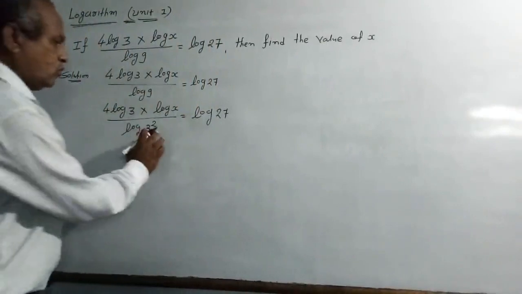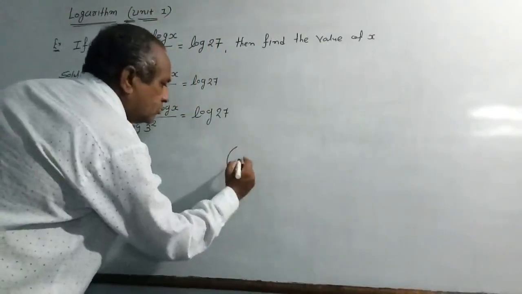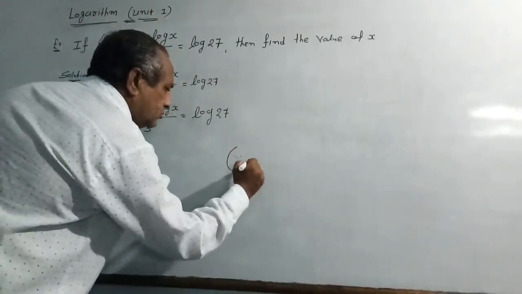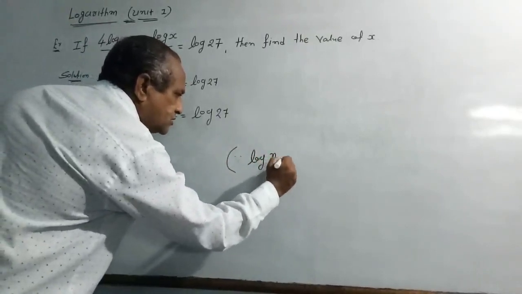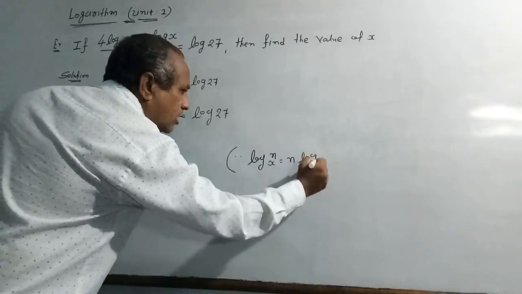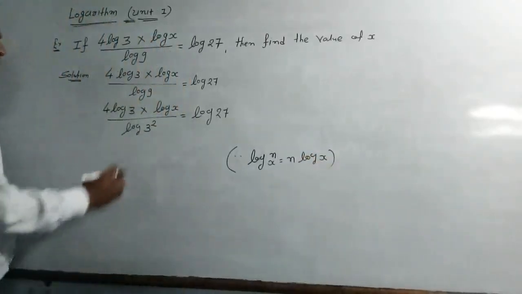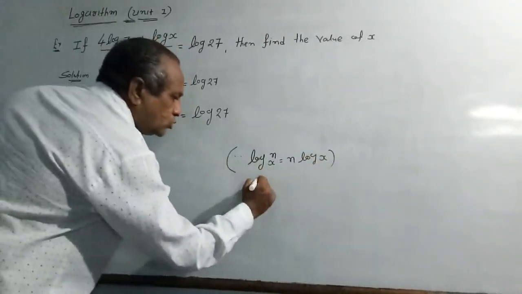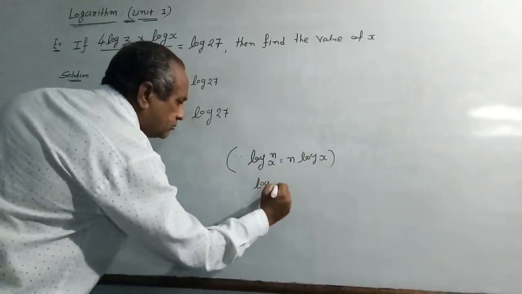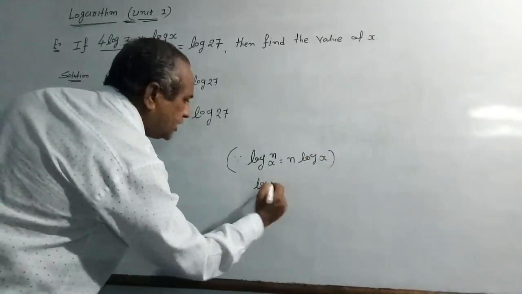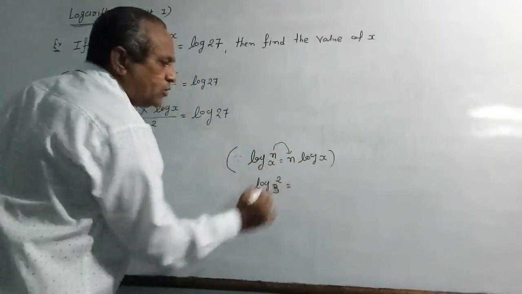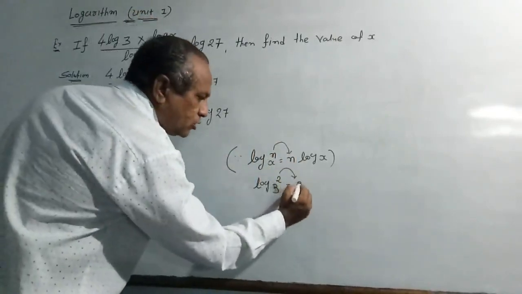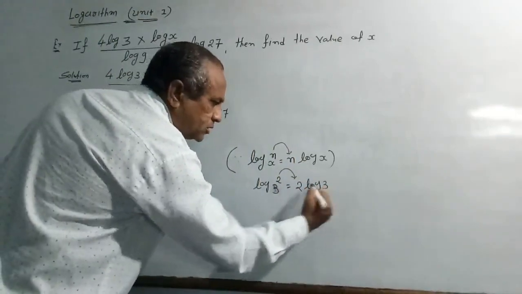Now here, log x to the power n is equal to n log x. Here x is equal to 3 and n is equal to 2. Now n is multiplied with the log, so 2 is multiplied, 2 log 3.